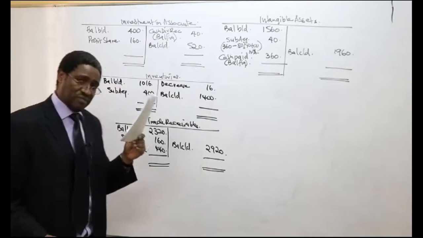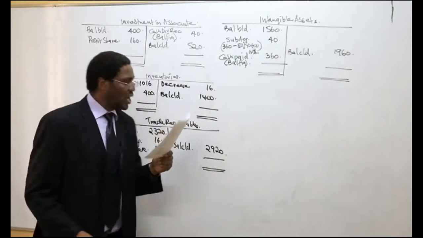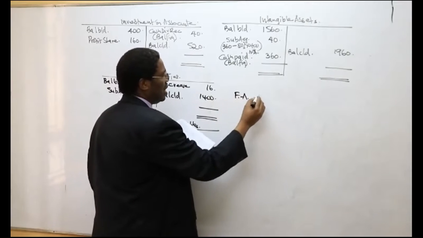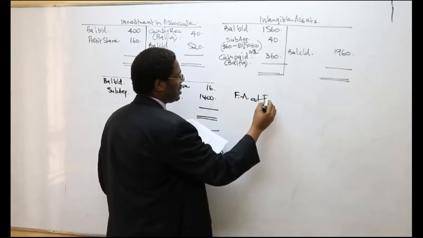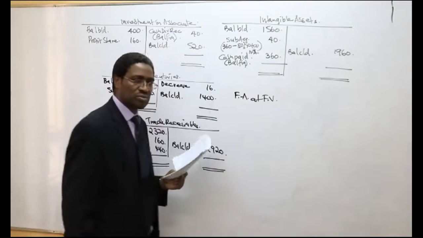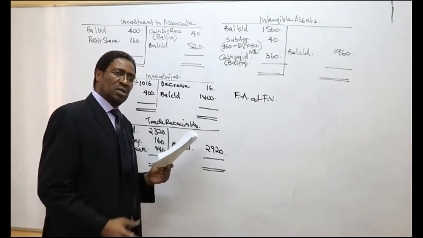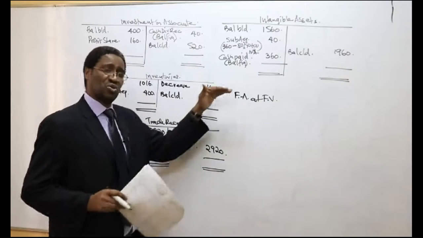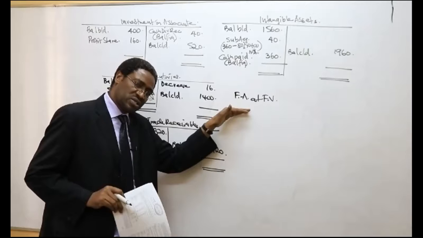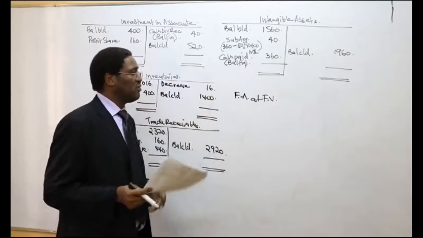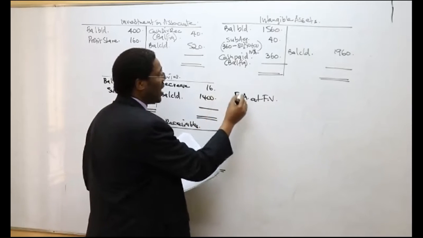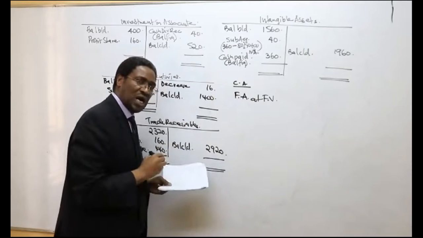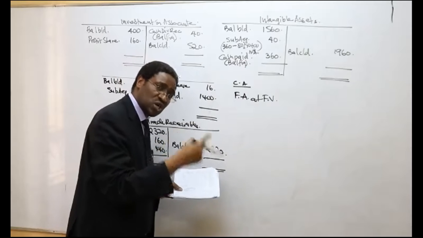After debtors in the balance sheet, I can see what they are calling financial asset at fair value. I do hope you know how to use it when it comes to cash flow statements. Whenever you are given a financial asset at fair value among the current assets, how do you use it when it comes to cash flows?